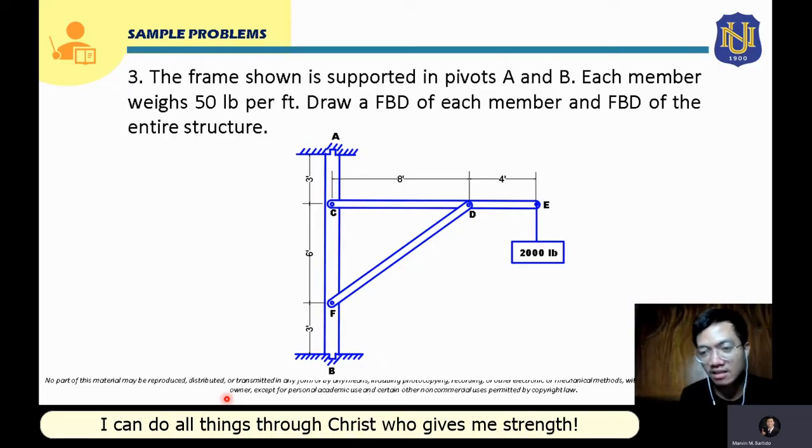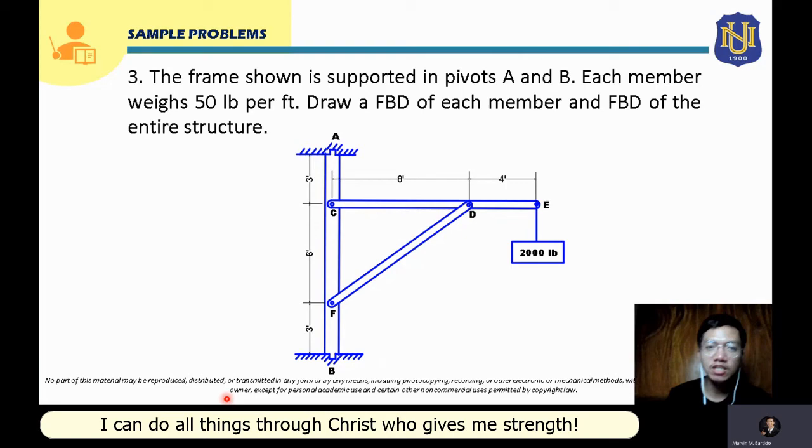For this type of supports, they have two reaction forces, one horizontal and one vertical, equivalent to the reaction forces that hinge or pin supports provide.